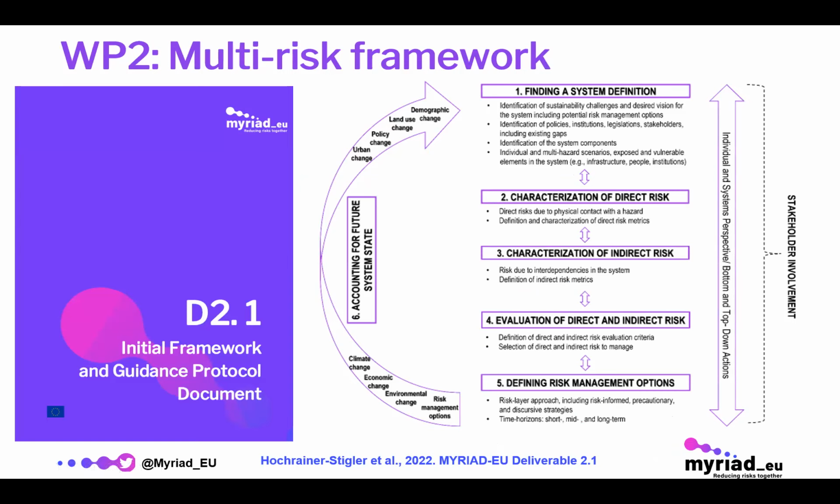We moved forward now into our second work package. So we brought together all of that thinking from the diagnosis. We had a very nice workshop back in April or May, I believe it was, in Austria, where we used that to develop a first version of our multi-risk framework.